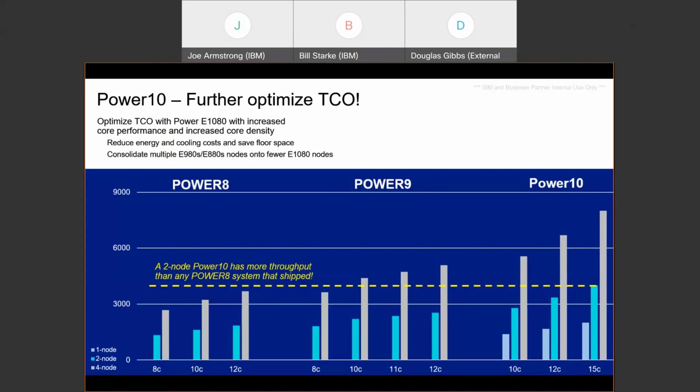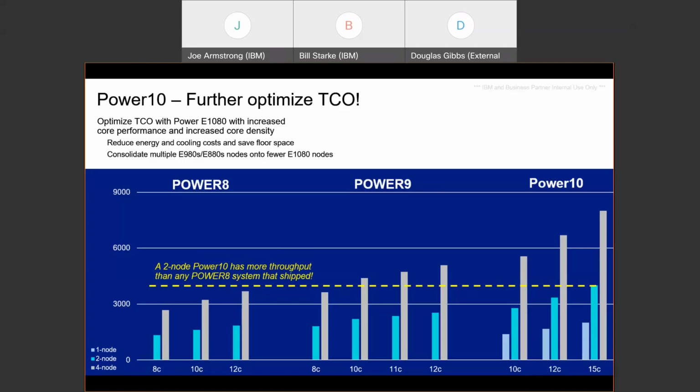So 112 times better in terms of our RPerf score than Power4 was 20 years ago. I just thought that was kind of an interesting amount of growth over that time. Yeah, and only 20 years too. That is pretty amazing. Yep.